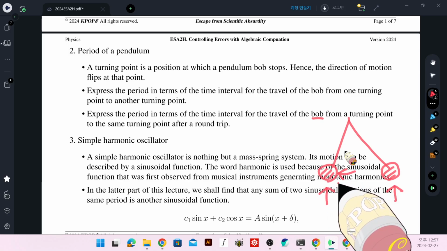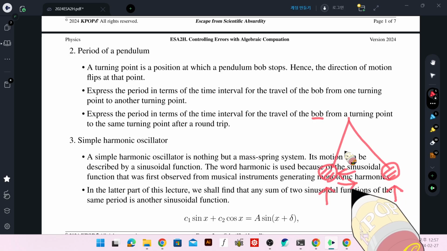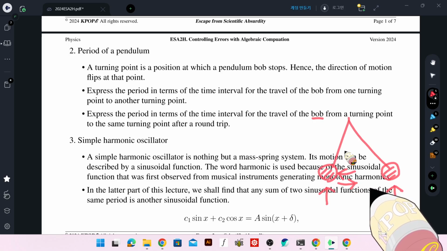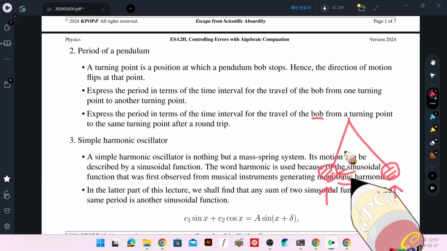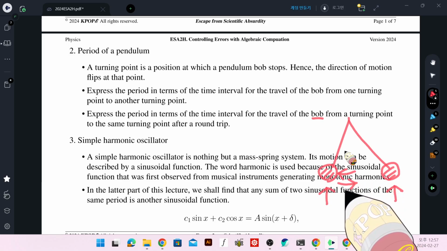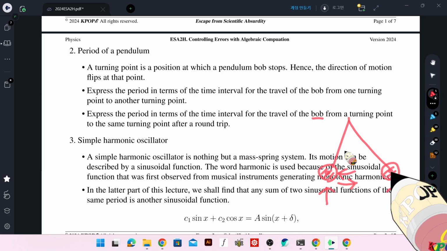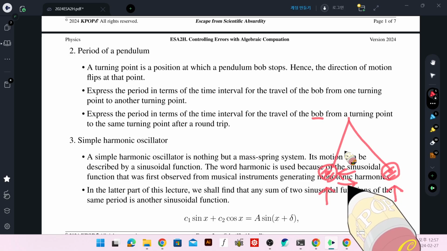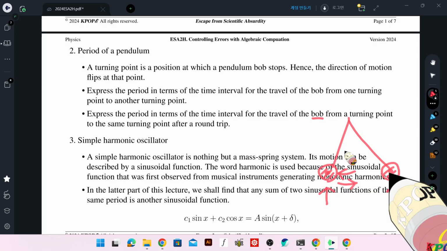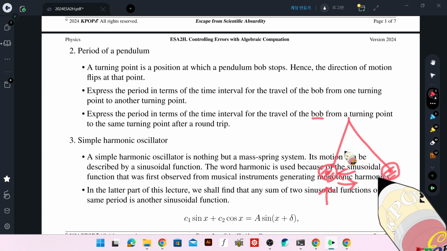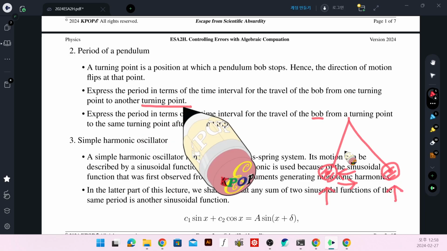And then after that, it returns to the bottom. So the direction of motion changes at these two points. Because of the change in direction, we call these points turning points.